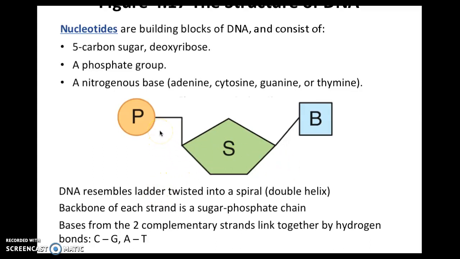And the bases that bond to each other are always A to T and G to C. Adenine bonds to thymine and cytosine bonds to guanine.